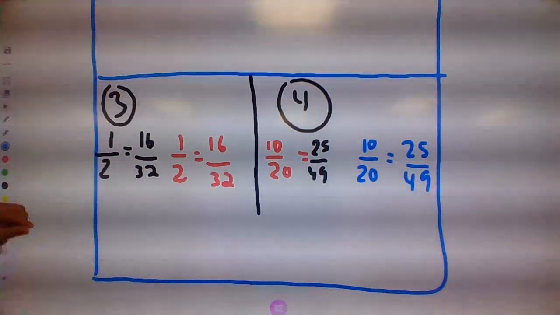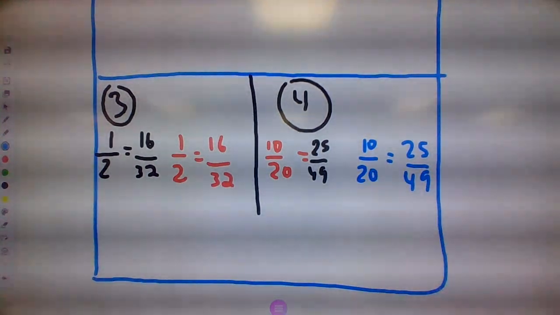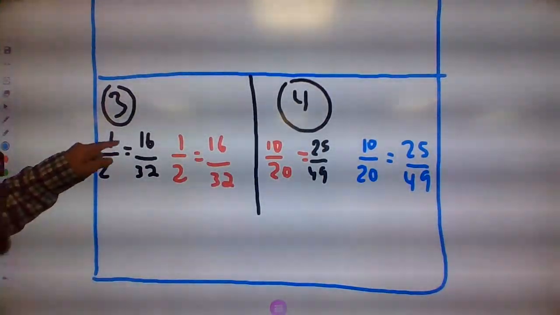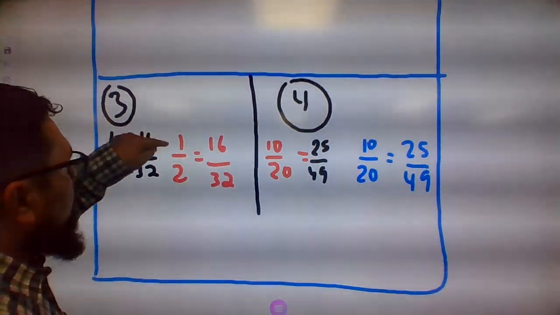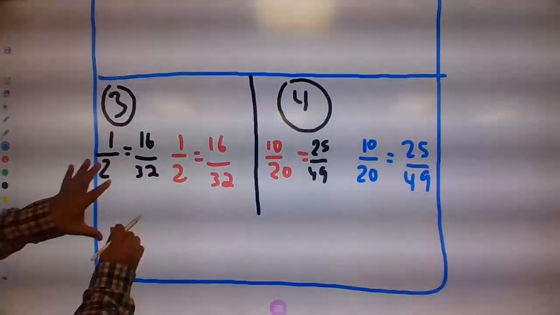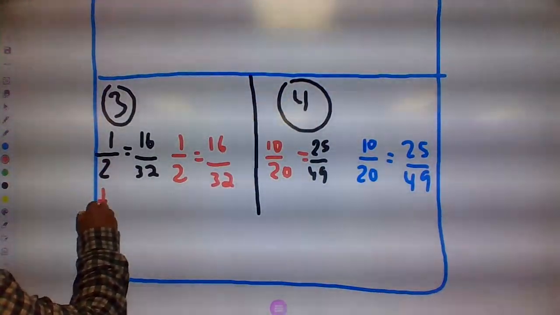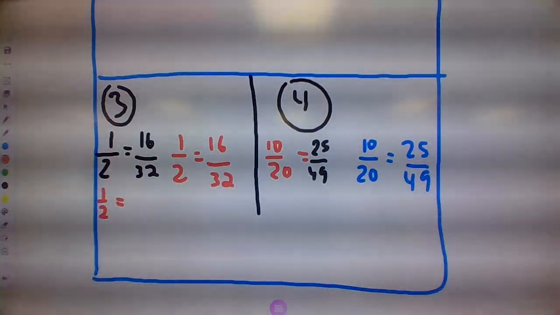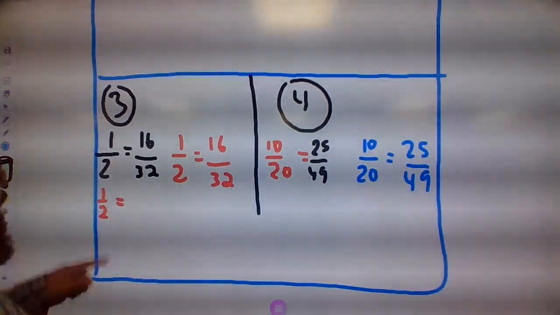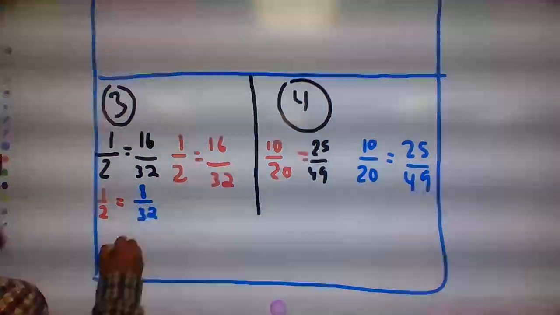So here we go. 1/2 is equal to 16 over 32. 1 to 2 is equal to 16 to 32, because these are ratios. On this side, we're going to simplify it. This is already simplified. 16 divided by 32, I can do half, so it's 8 over 32.